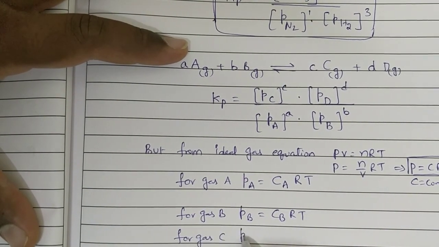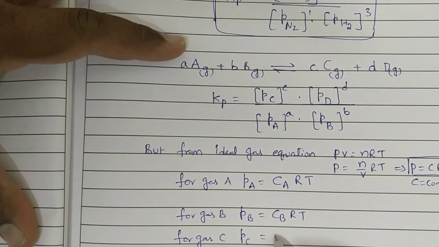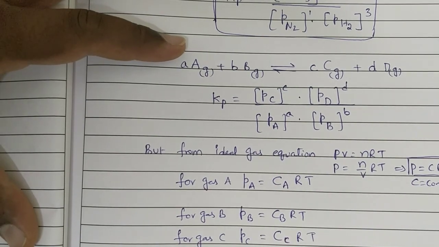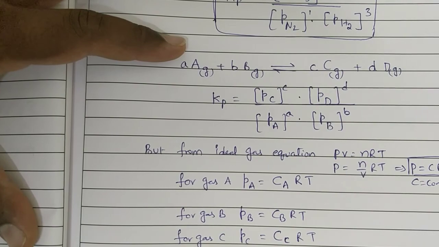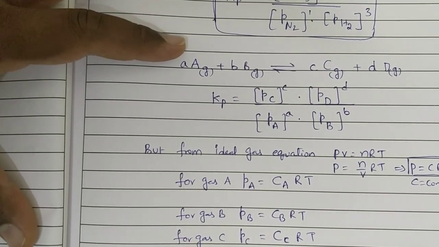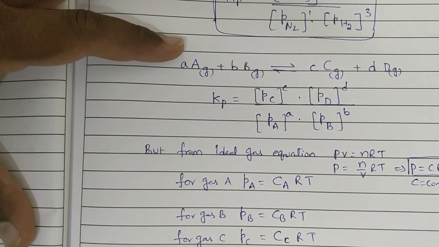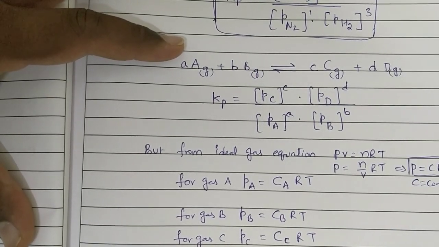For gas C, the partial pressure of C is equal to the concentration of C into RT. For gas D, the partial pressure of D is equal to the concentration of D into RT.